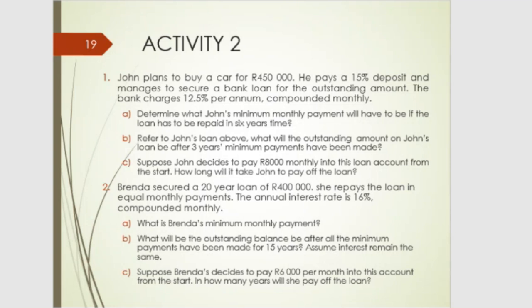So this is where I want us to start today. It's an activity. I think there are only two, if not three, activities before we go to the amortization table. Then we'll be done for the day. Cool. So let's look at this activity that we have here.